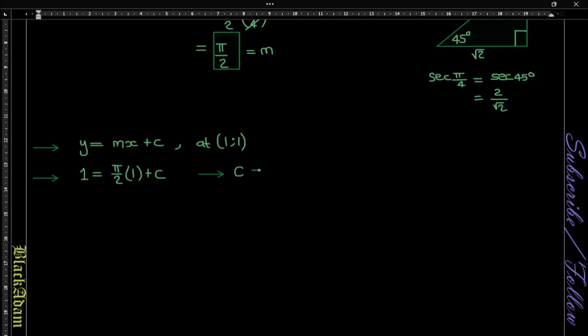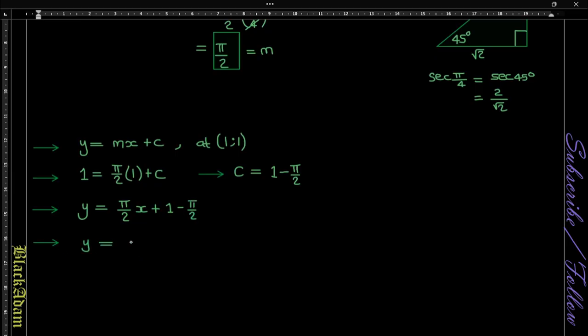Solving, c is 1 minus pi over 2, so y equals pi over 2 x plus 1 minus pi over 2.